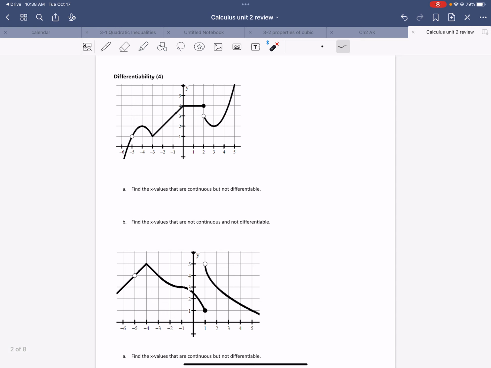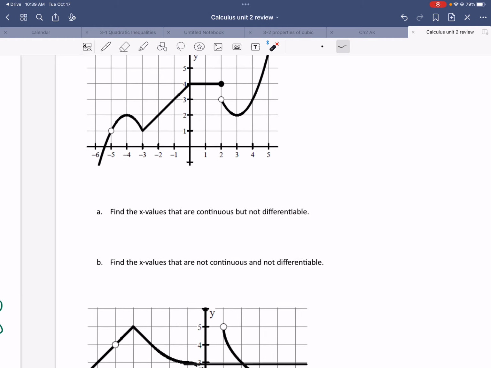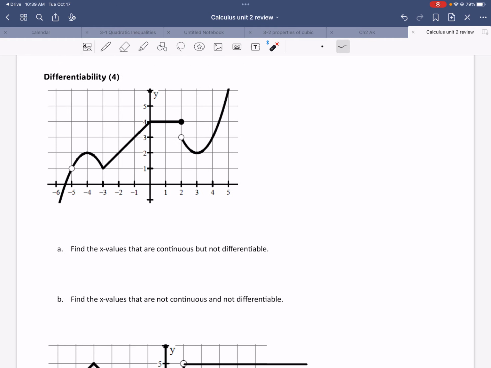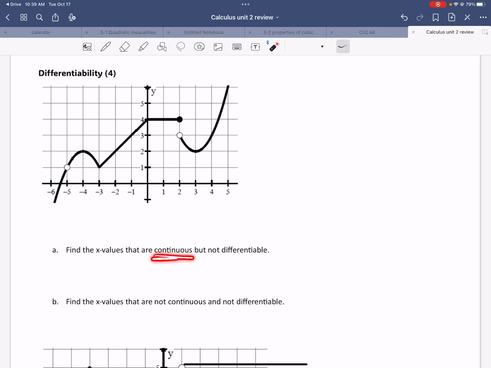So now let's look at this one. It's about differentiability. It says, find the x values that are continuous but not differentiable. Not differentiable means, like this, an empty circle, all right? So continuous but not differentiable. It's not differentiable, but it's not even continuous, so we cannot use this one.